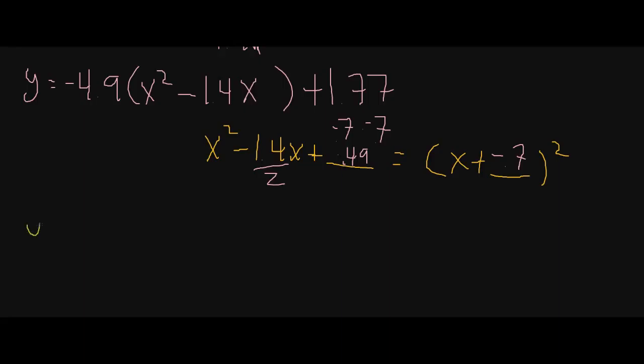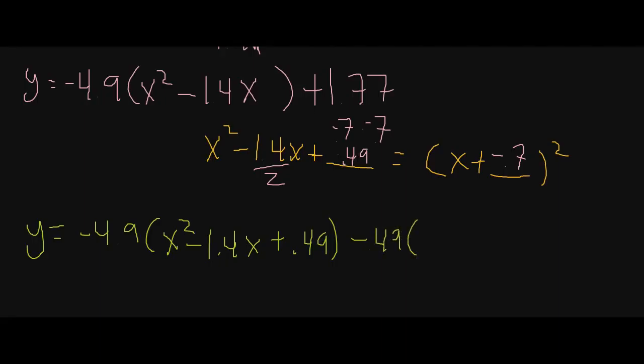So now I'll write y is equal to negative 4.9 times x squared minus 1.4x plus 0.49, right? But if we add it, we have to subtract it, minus 0.49, and then multiply it by our dilation, 4.9. Don't forget that we still have this plus 1.77, so plus 1.77, okay?